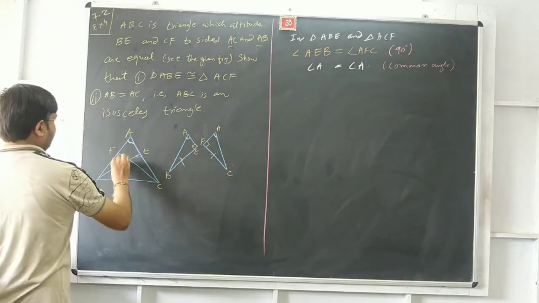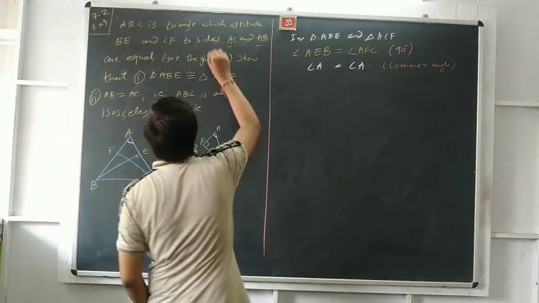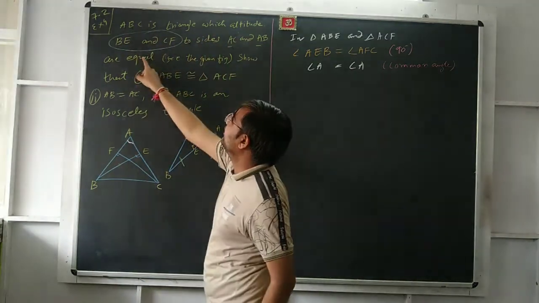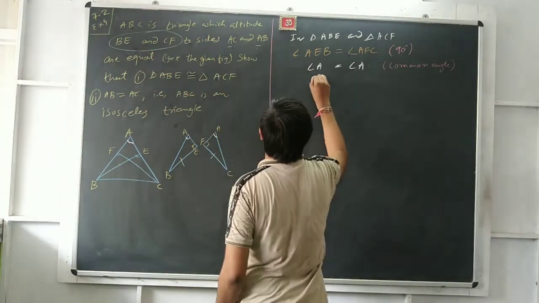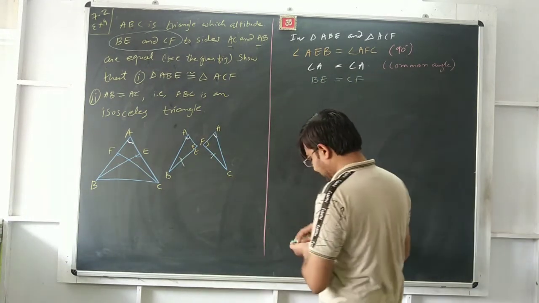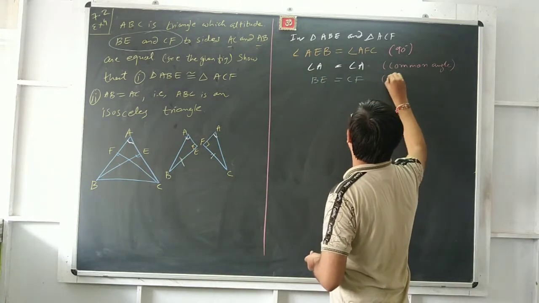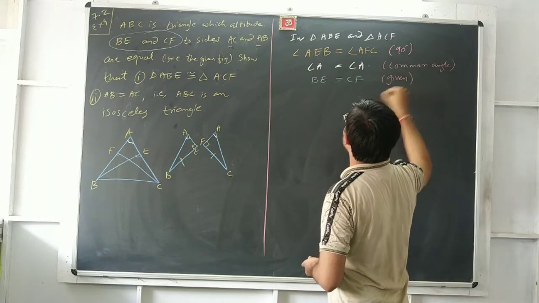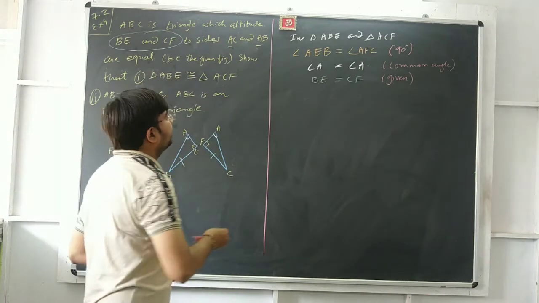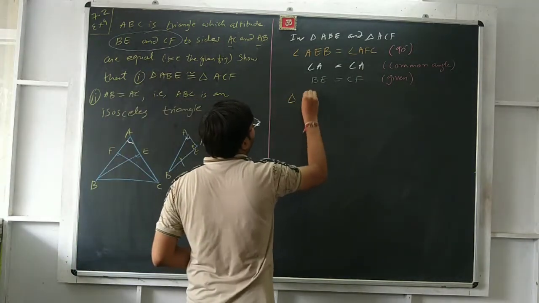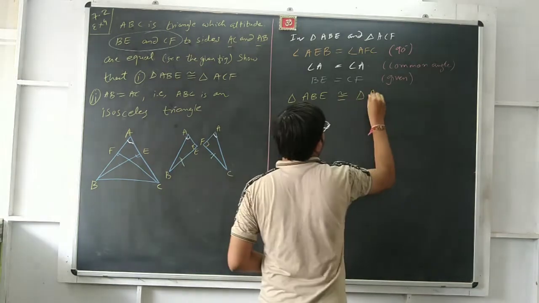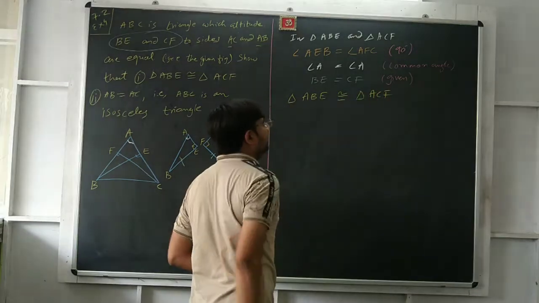BE and CF are equal, because BE and CF are altitudes to sides AC and AB and are equal. BE is equal to CF, it is given in the question. So we can write triangle ABE congruent to triangle ACF.